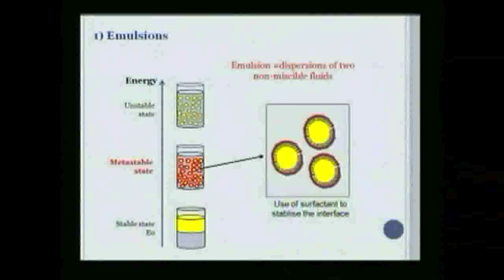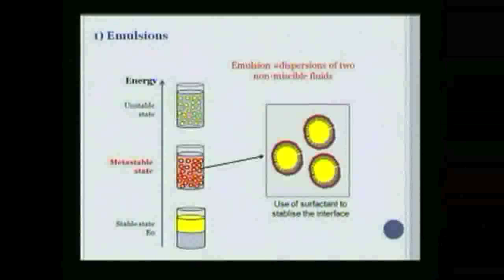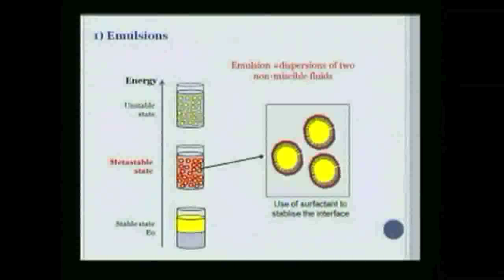In this system, what costs a lot is the quantity of interface and the energy of interface that you have. Remember, I talked about surface tension at the beginning of my lecture. Here, in this system, the surface tension is enormous. You have a lot of interface energy. And remember, one of the main effects of a surfactant is to decrease the surface tension. So here you have a water-oil interface, and the surfactant will decrease the surface tension between oil and water.